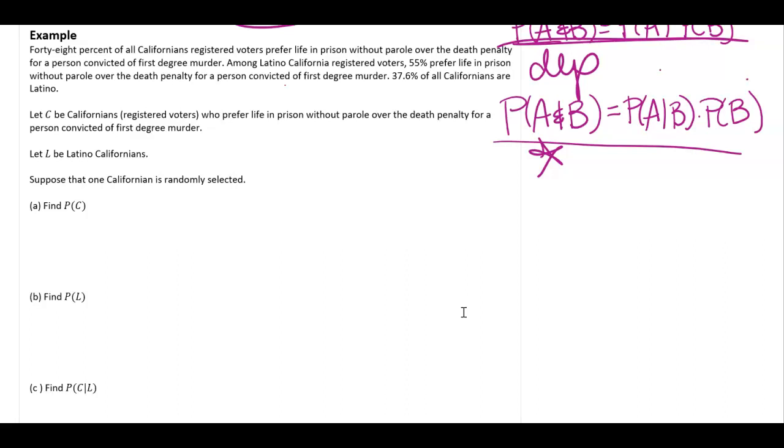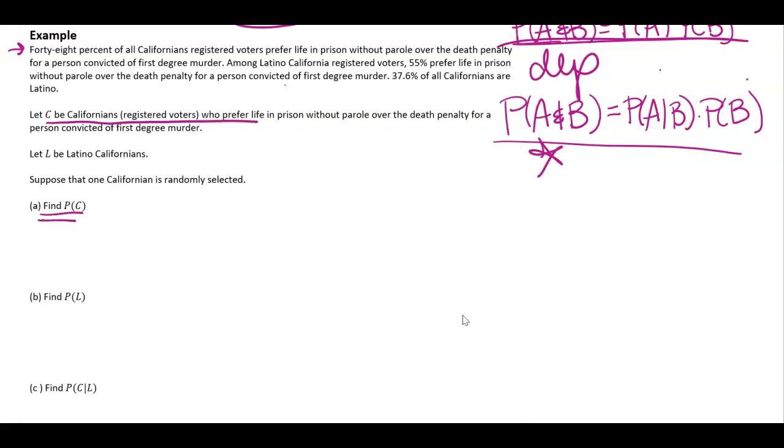Okay, well, let's go ahead and try to organize this information. I know that 48% of Californians are going to prefer life in prison without parole over the death penalty. Now notice that that's what your C is. So let C be Californians who prefer this.